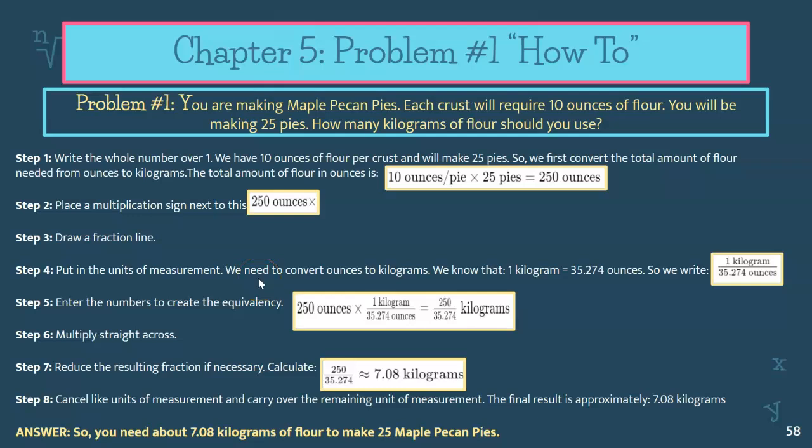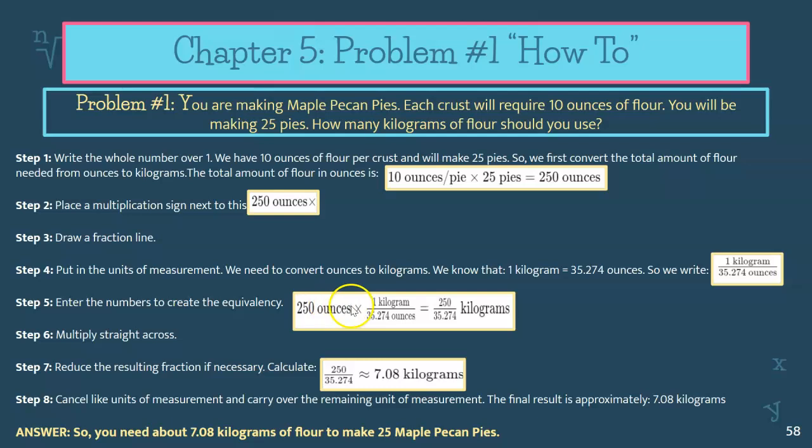We know that 1 kilogram equals 35.274 ounces from our equivalent chart. So we write it just like that. We're converting to kilograms, so that goes on the top, and it's equal to 35.274 ounces, which goes on the bottom, because that's going to cancel out. So we have our 250 over 1 times the kilogram over ounces.